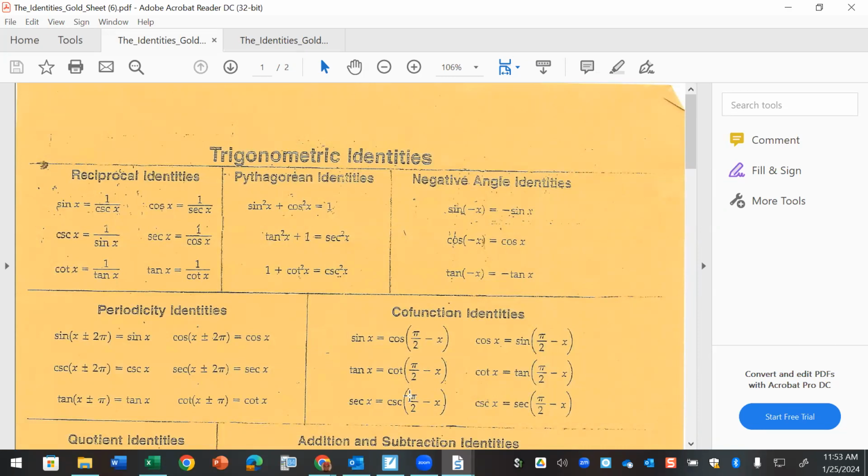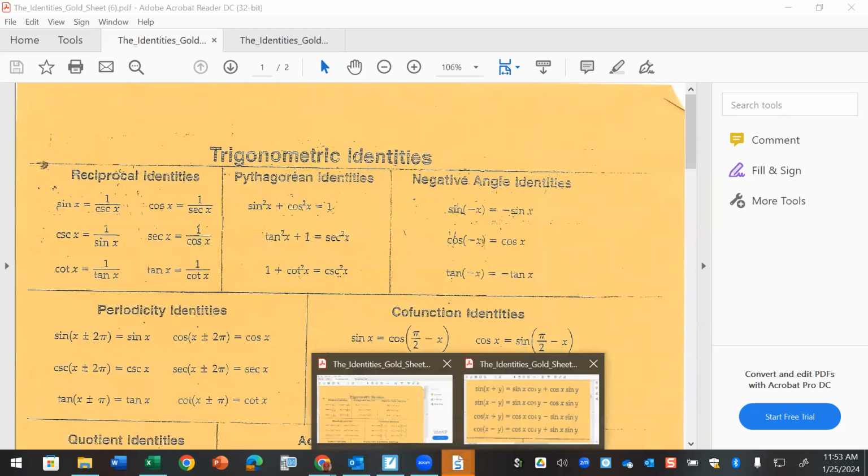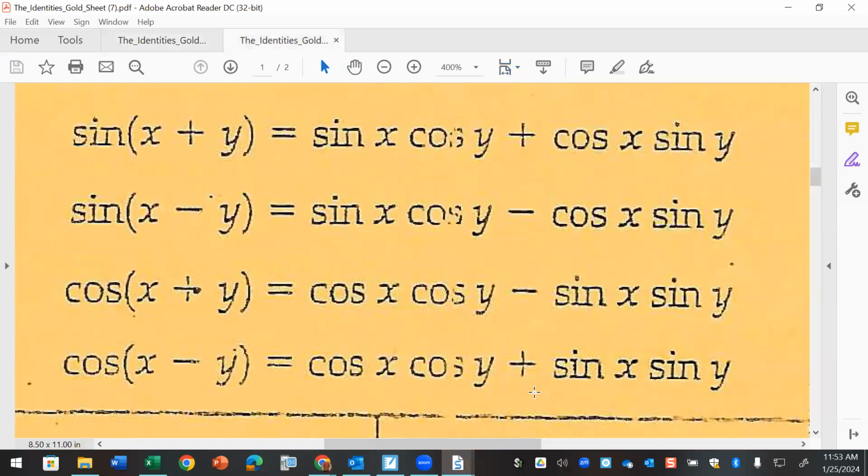Now, someone was smart enough to remember what the name of today's lesson was. Addition and subtraction, so maybe that's where we go. Okay, find it. Where's sine 180 plus theta? Well, it's this one. And all the x's are going to turn into 180, and all the y's are going to turn into our girl theta.